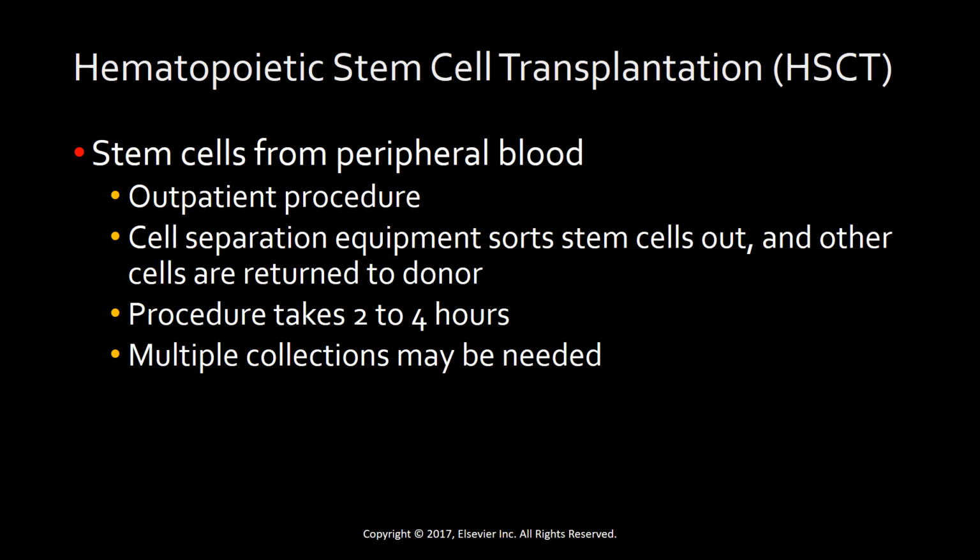It's similar to when you donate plasma: it removes the plasma from the blood but returns the blood back to you. That's how I remember this. Often it takes more than one procedure to obtain stem cells, because the blood has fewer stem cells than the bone marrow.